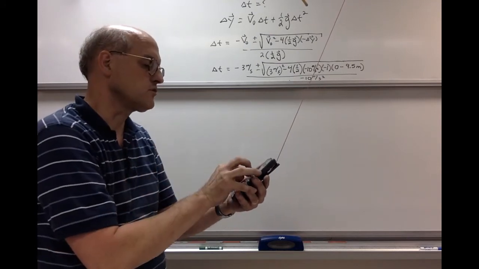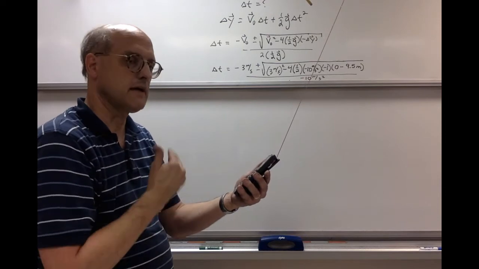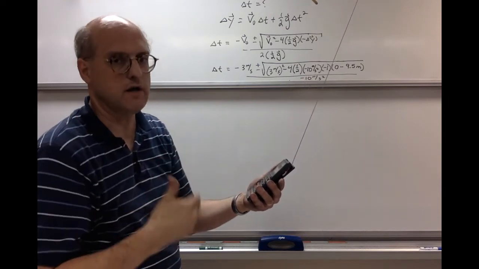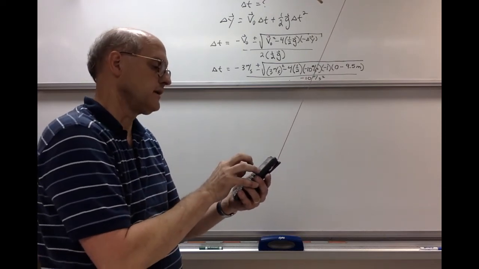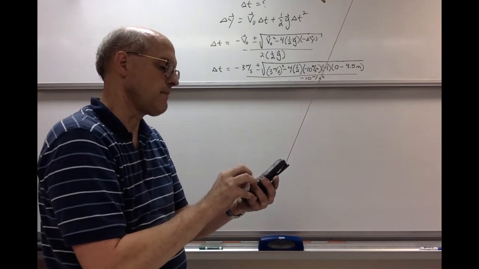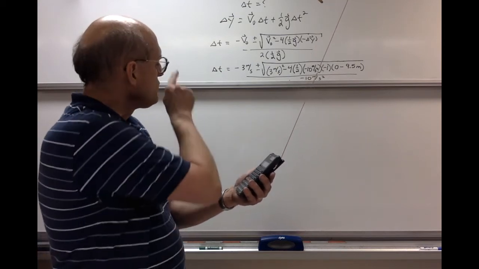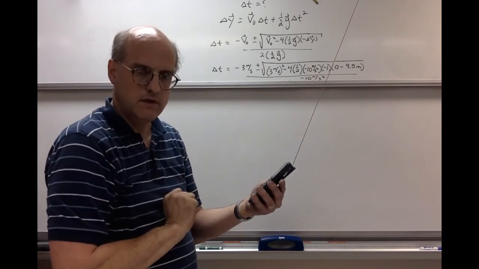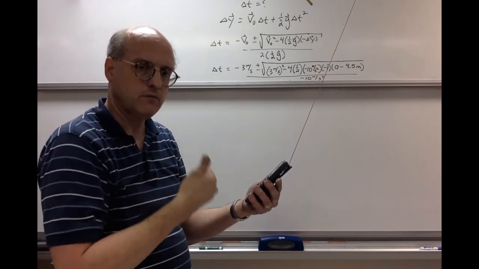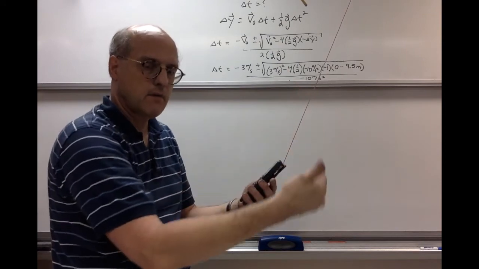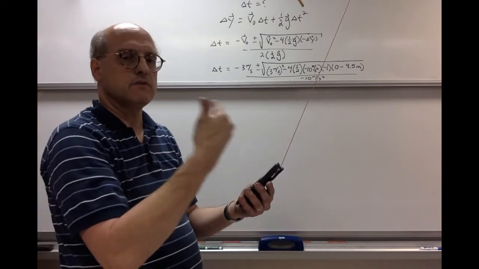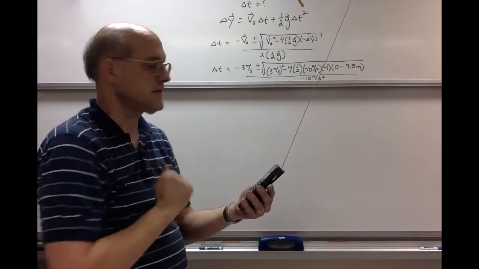Now I'm going to take the square root of that, and I get 14.11 approximately. Now I'm going to put that into memory. Now I'm going to take -3, and I have to think. I'm going to add -3 to what I have in memory, and then I have to divide it by -10.